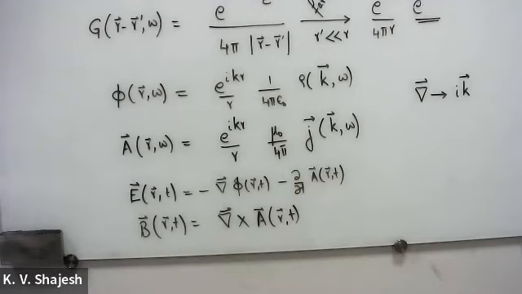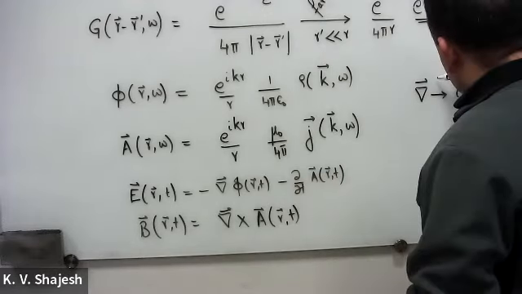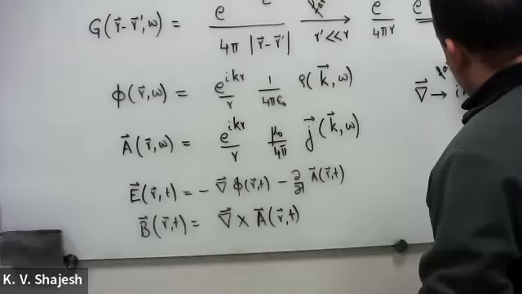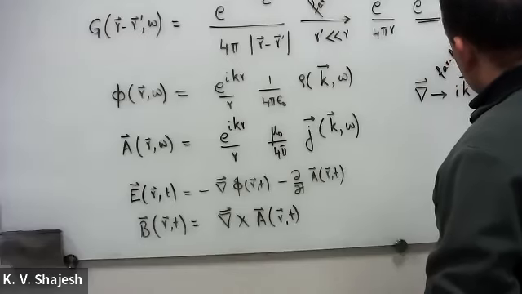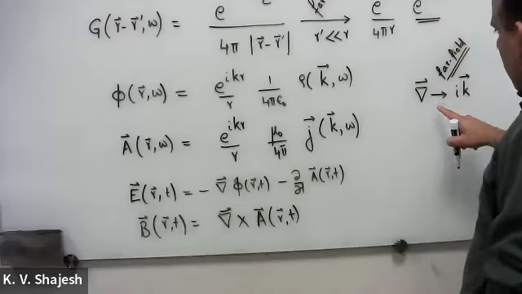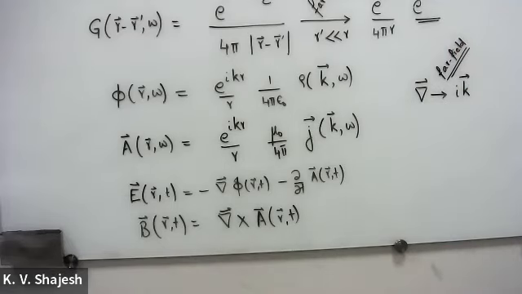So this is in the far field approximation. In the far field approximation, wherever you see a gradient, you can replace it with i k. And k, remember, is omega over c times r hat.